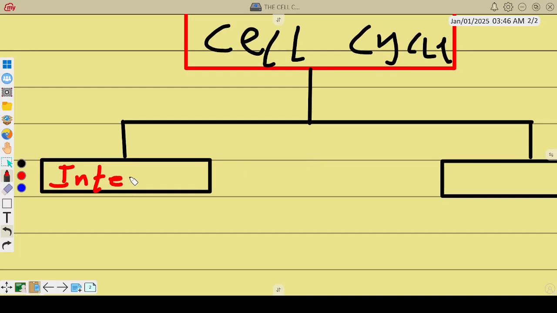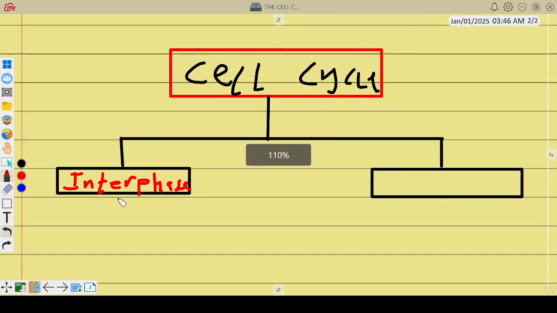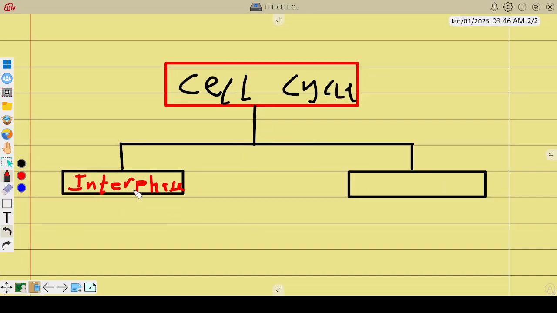So there is our interphase. One phase is interphase, and the other phase is the mitotic phase.